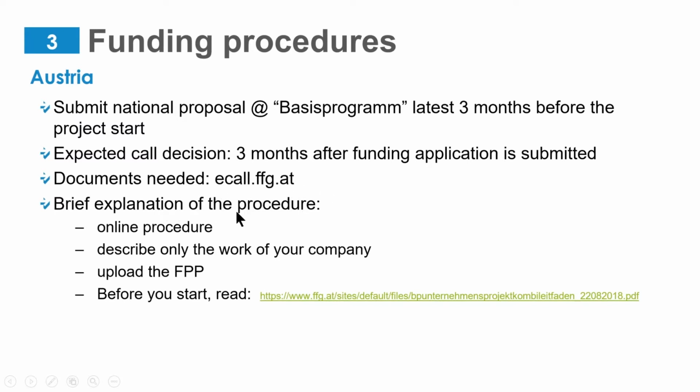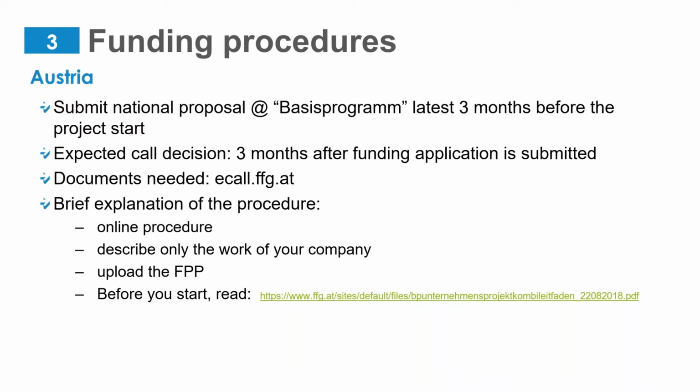As a brief explanation of the procedure, the evaluation is an online procedure for the Austrian partners. Only the work performed by each Austrian company in the consortium must be described, not the whole project. You can also upload the full project proposal document you provided to Smart, and it may be used by the Austrian agency.